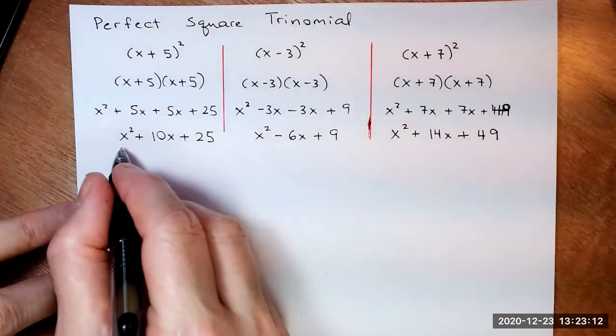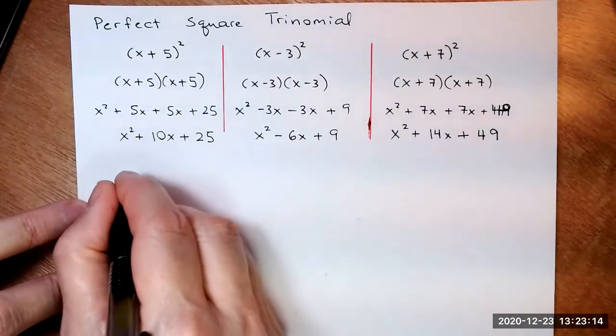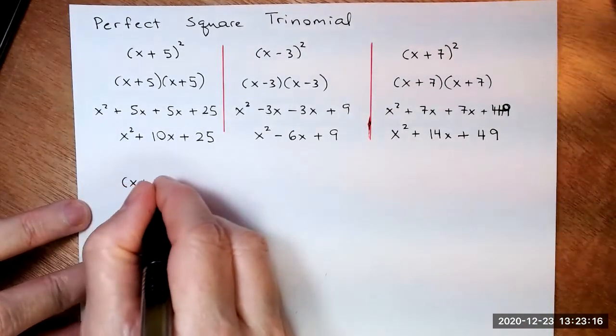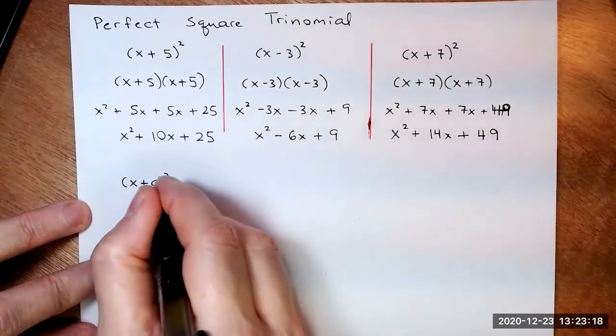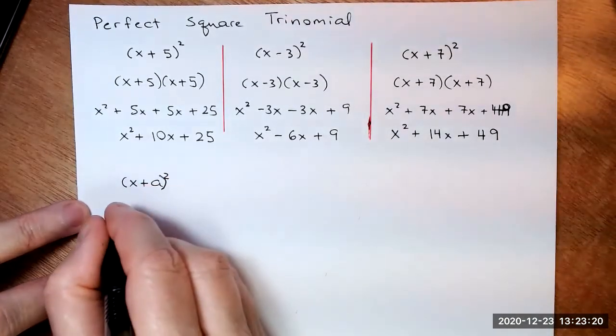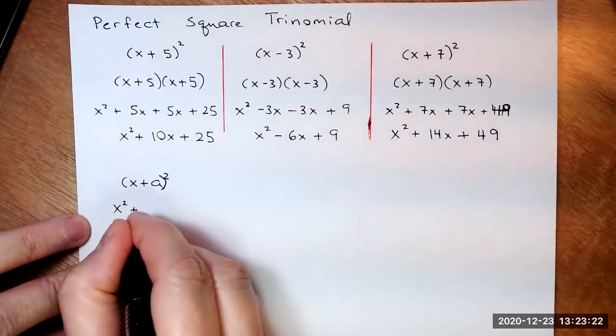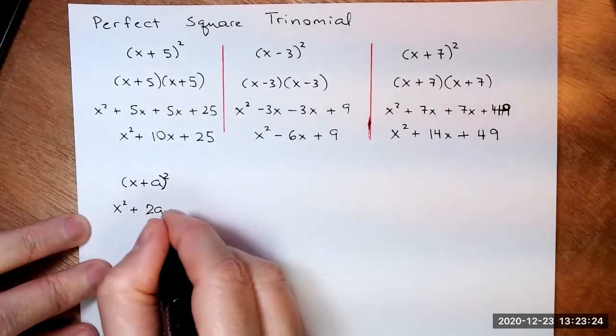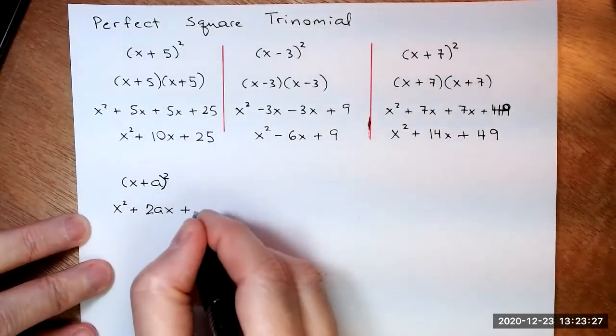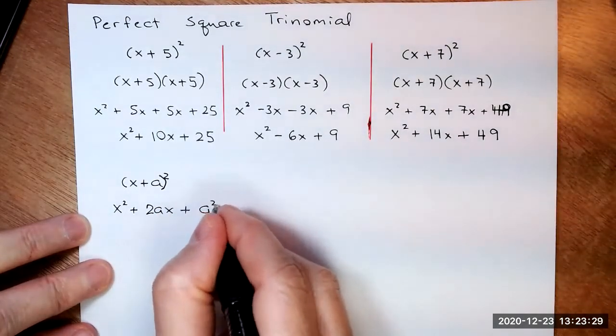So all of these have the form x plus a squared, you get x squared plus 2ax plus a squared.